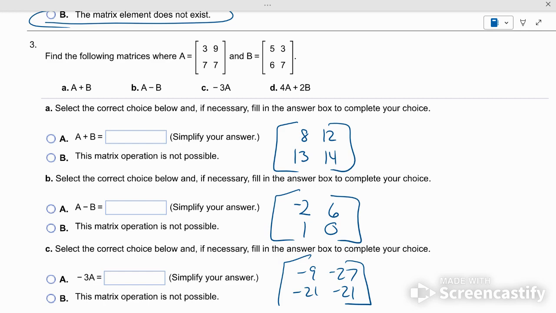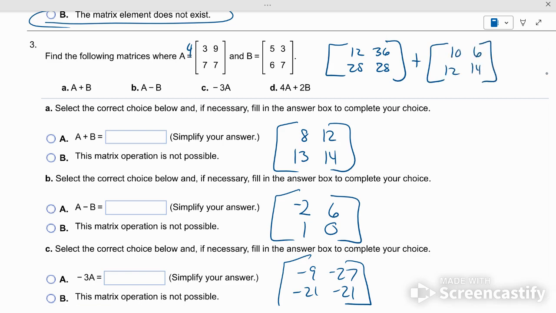Okay. 4A plus 2B. So you take 4 times this, and you get 12, 36, 28, 28, plus 2 times this, which is 10, 6, 12, 14. Then you just add them together to get 22, 42, is that 28?